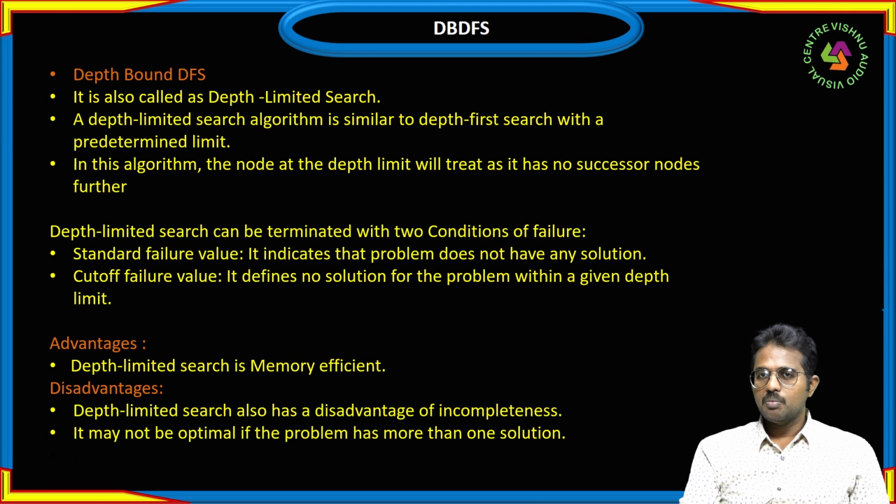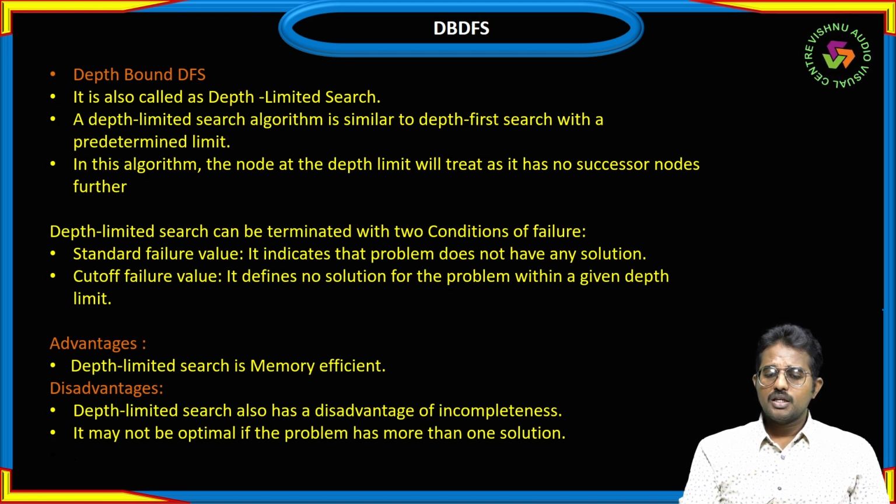Coming to disadvantages, this DBDFS or depth limit search is not complete. That means it is incomplete. If the goal node is present after the depth limit, as per our algorithm it will search only in the depth limit area. After searching, it will say that the problem does not have any solution, but the solution is present for the problem, it was just beyond the depth limit.